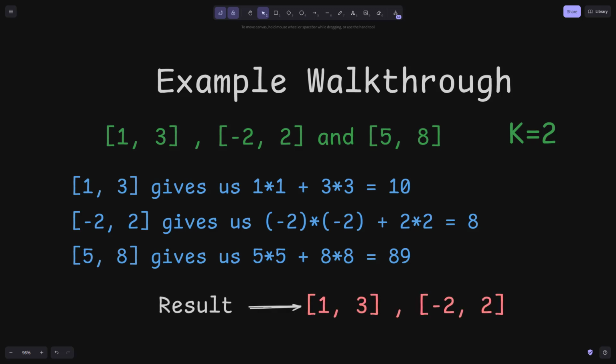Since we only need 2 closest points, our answer will be first point 1, 3 and second point minus 2, 2 with the square distance of 8 and 10. Third point, for which x is equal to 5 and y is equal to 8, is further away with a square distance of 89. So it is excluded from our result.